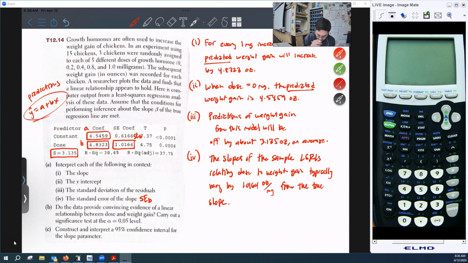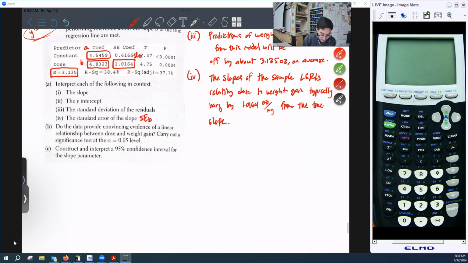Part B, do the data provide convincing evidence of a linear relationship between dose and weight gain? Carry out a significance test at the 5% level. All right, so let's start with choosing the procedure. This is going to be a t-test for slope.